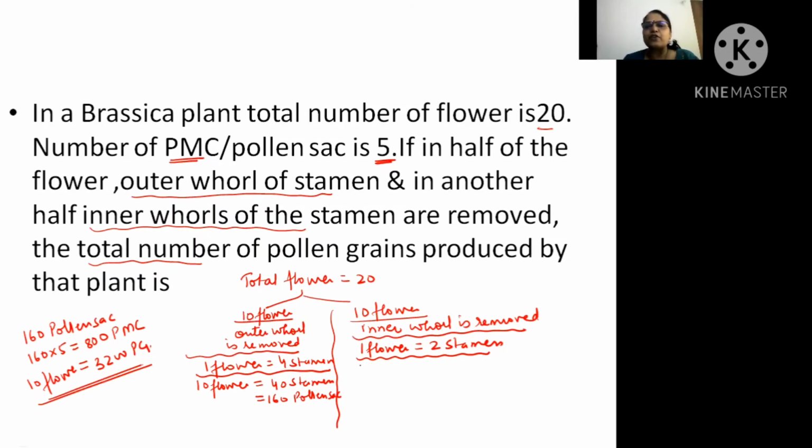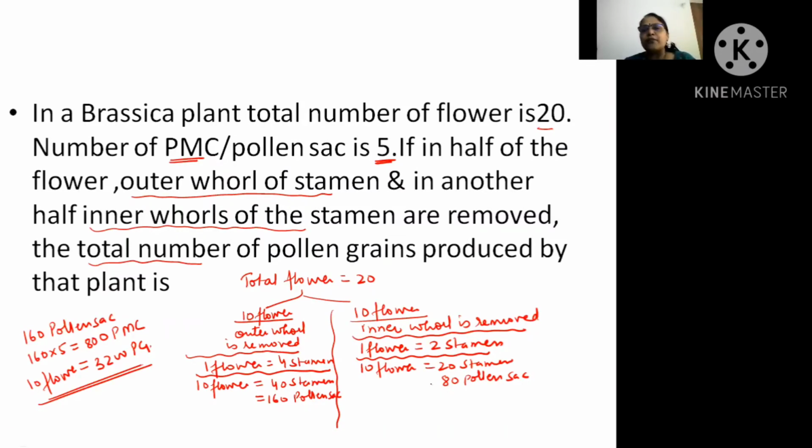Now let us solve here. When one flower is having 2 stamen, it means 10 flower will have total 20 stamen here. So 1 stamen means 4 pollen sac. So 20 means total 80 pollen sac. And each pollen sac is having 5 PMC. So total number of PMC means 80 multiplied by 5.